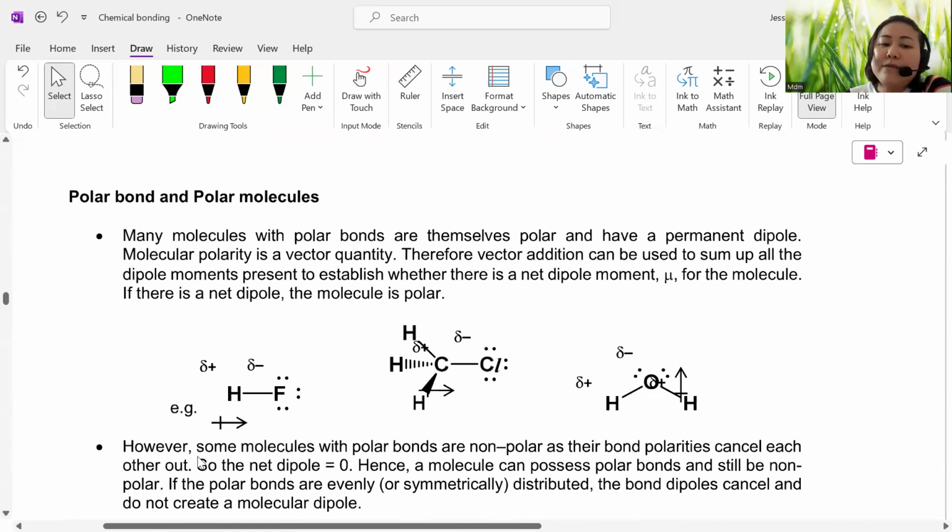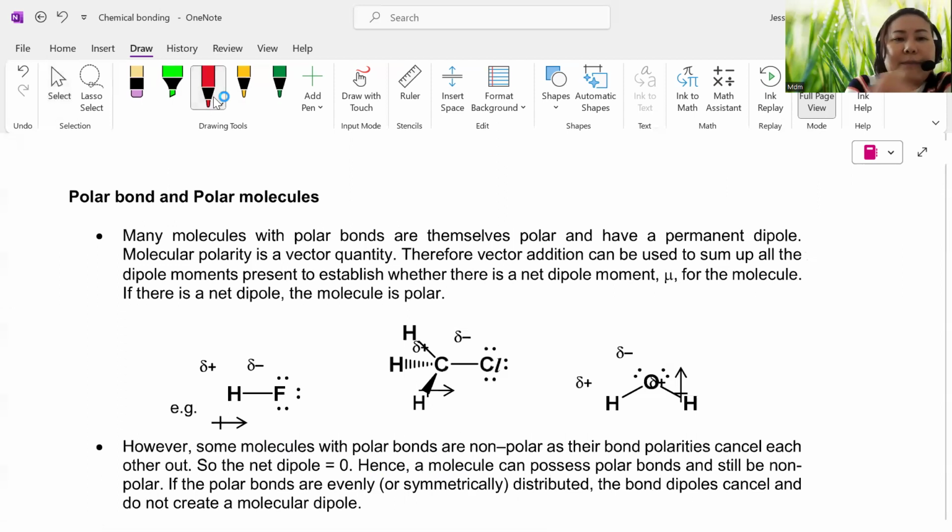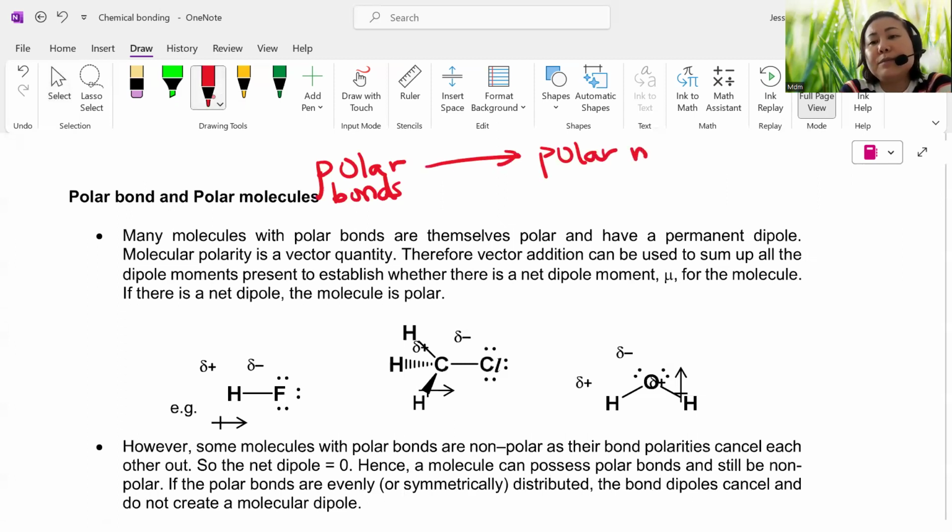We can also have some molecules with polar bonds but ending up being non-polar. How does it happen? We can have polar bonds, and the presence of polar bonds can possibly give us a polar molecule, or it can give us a non-polar molecule.